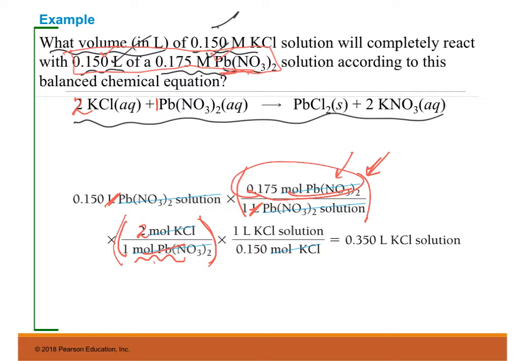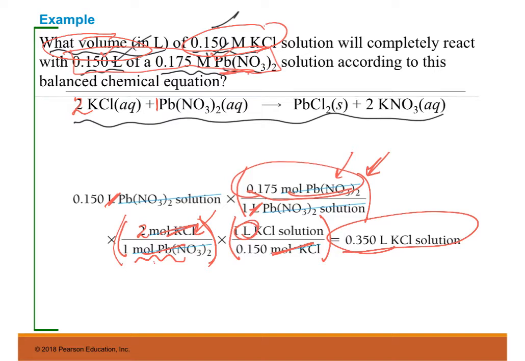Finally, since the problem is asking us for volume of KCl, at this point we have moles of KCl. We're going to use the molarity of KCl, which was given, as a conversion factor again. But this time it's going to be upside down because we need moles of KCl on the bottom and liters on top. So here's a 3-step solution stoichiometry calculation, and it gives us 0.350 liters of KCl.